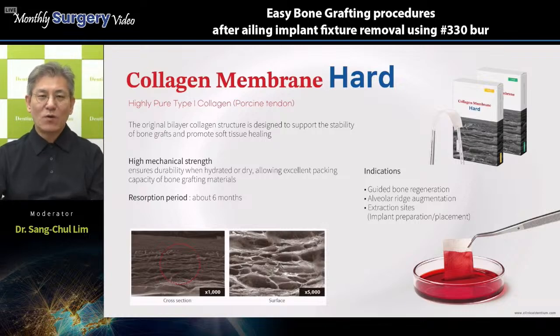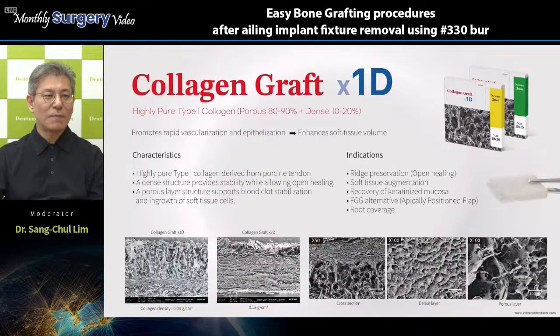That is an important characteristic if you want to use this barrier membrane for GBR, as you know. So the hard type collagen membrane is enough to conserve these defected areas, the bone grafted area.